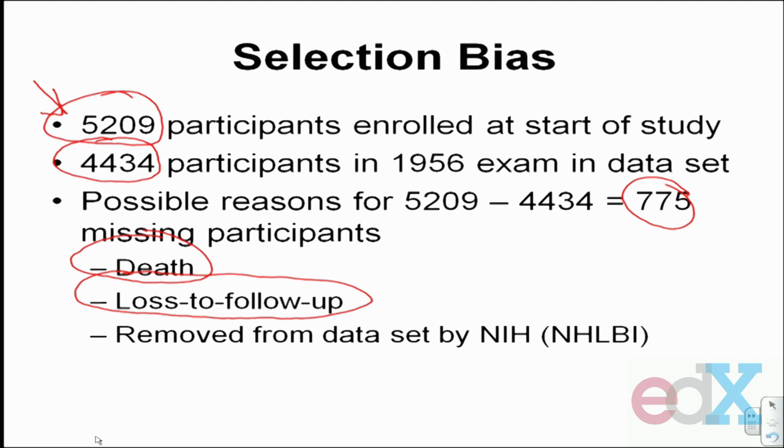We're missing those people. And the other thing we do not have a clear idea for is how the National Heart, Lung, and Blood Institute created this teaching data set. Maybe by design they eliminated some of the people to give you a slightly different data set than what was in the original and true Framingham data set, because we mentioned at the very beginning of this course, these data are at our disposal for teaching purposes, but not for writing research papers.